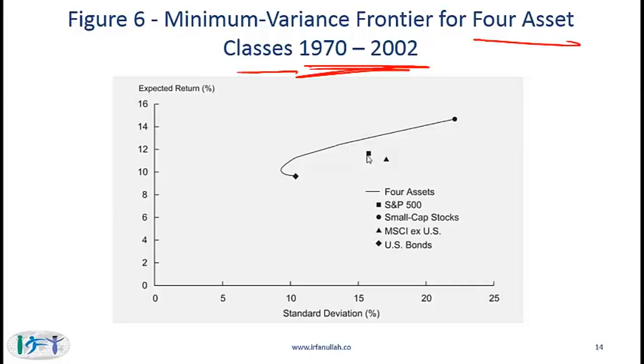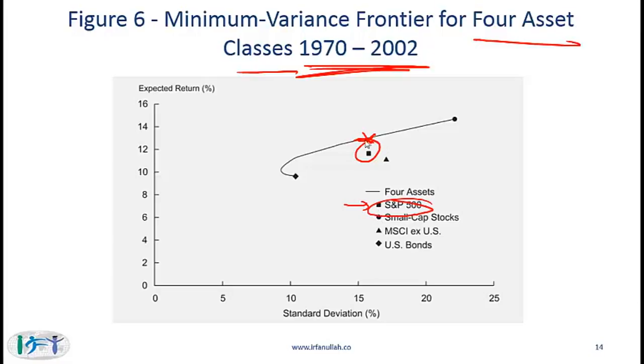If you look at this square over here, this represents the S&P 500. What you are looking at here is that there is a portfolio on the efficient frontier that dominates 100% investment in the S&P 500.